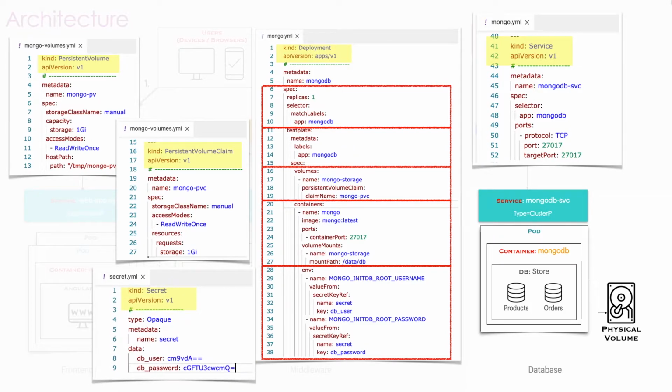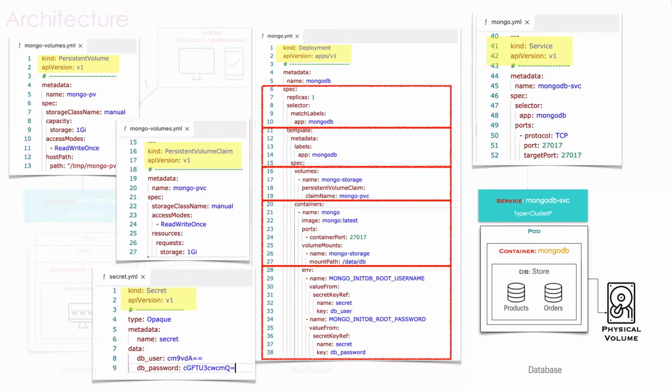Now let's look at the secret configuration. The secret here contains a data element which further contains key value pairs. The keys in this case are DB user with an encrypted username and DB password with an encrypted password. These are base64 encoded values.